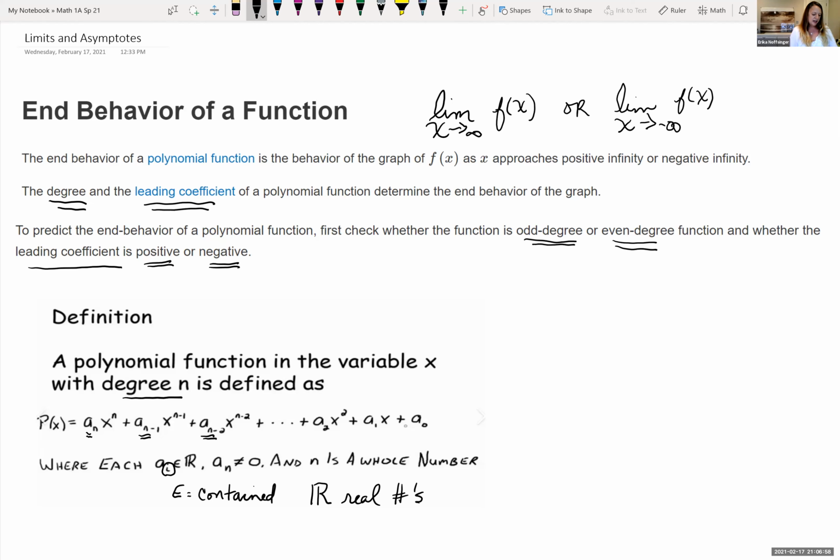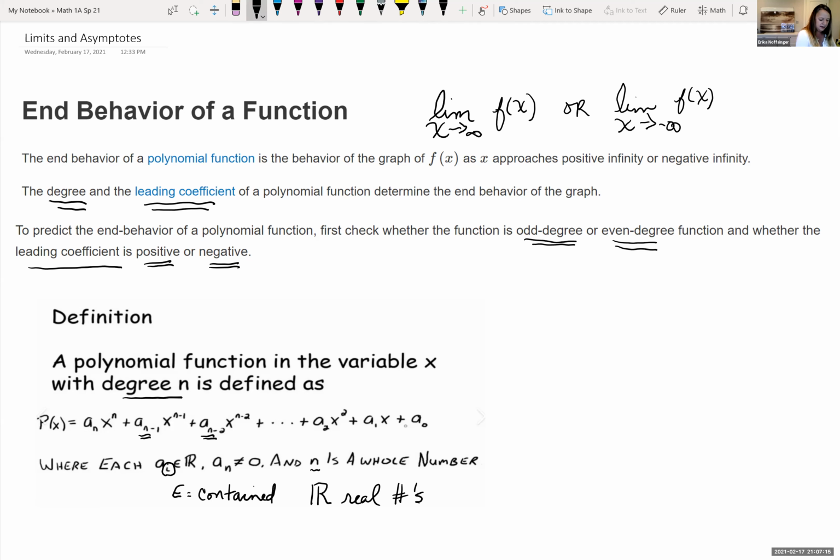It tells us that a sub n can't be 0. The reason why that's the case is if this was 0, then really our degree is not n anymore. Our degree would be the highest power, which would be n minus 1. So they put that little stipulation on there.